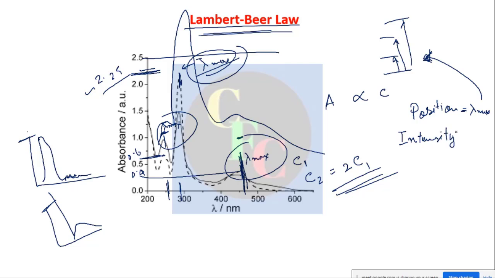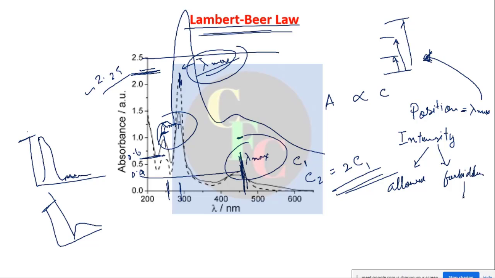Now if you remember, in the previous lecture we discussed where we get the intensity from. See, intensity is directly proportional to the allowedness, if it is allowed or forbidden.